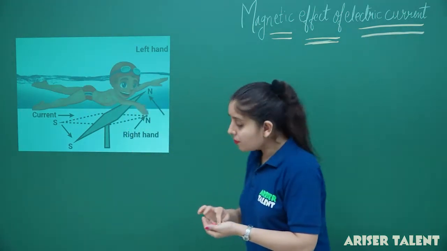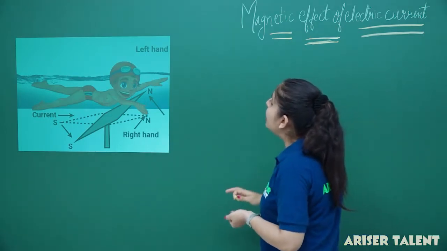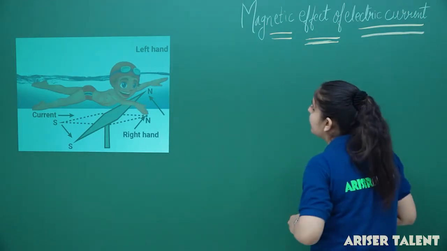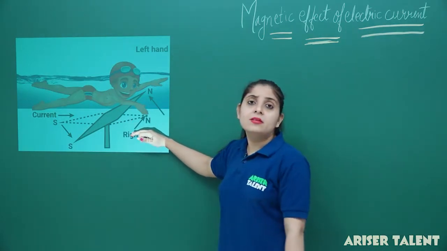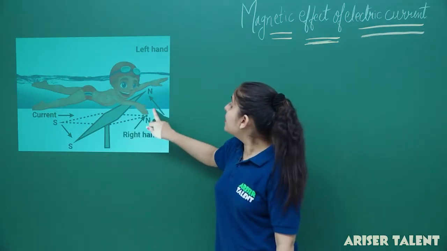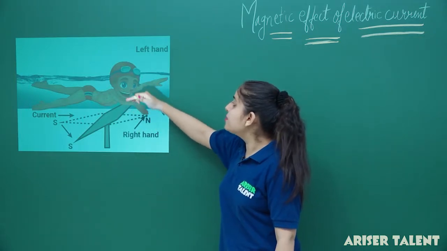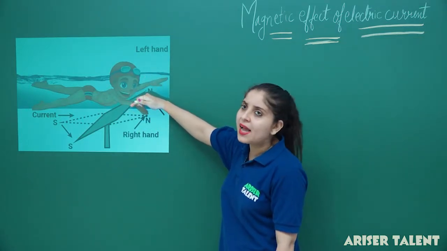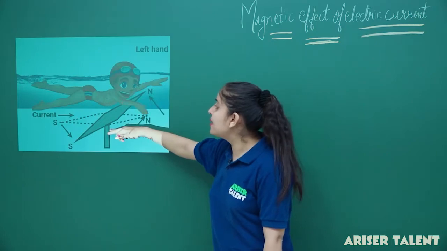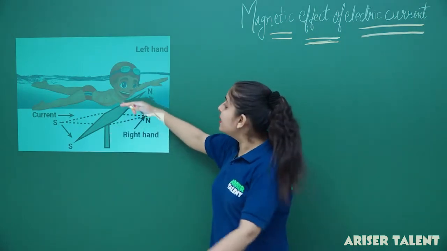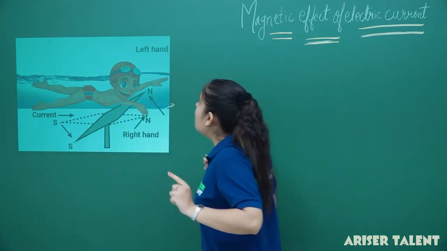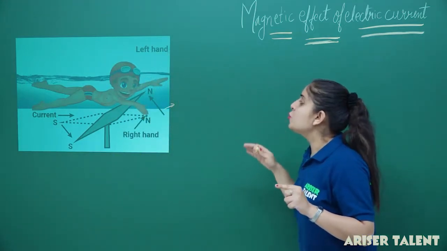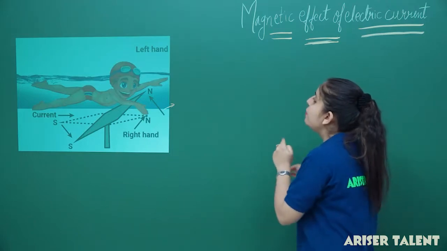Now, if a child or a man is swimming in this direction and I can see that the magnetic needle is kept under the conductor, it means the conductor is placed in the upper part and the needle is placed beneath.